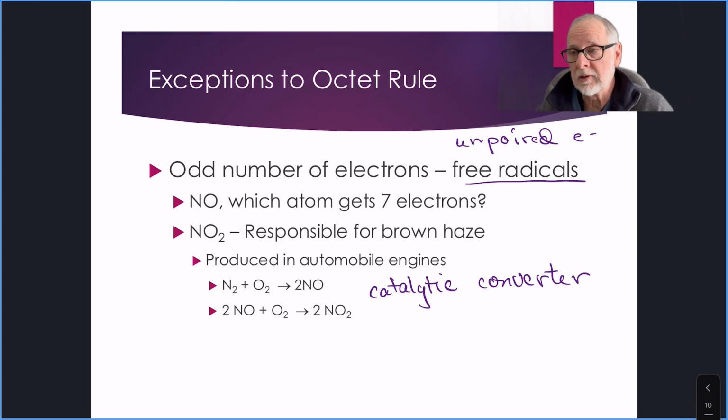So the catalytic converter helps to remove those. They lead to photochemical smog and actually the production of ozone in the lower atmosphere.